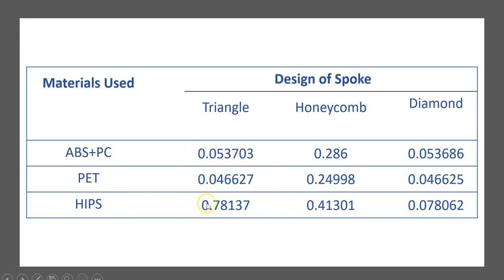And then the triangle HIPS had the highest overall, so that would be the worst design to use with that material because it had the highest amount of deformation. But the best material and best design structure to use would be the diamond PET based on this test because it had the lowest amount of deformation.